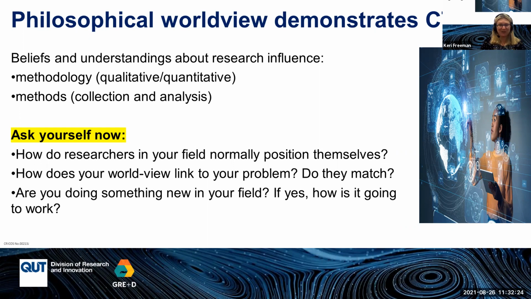You need to make them match somehow, but maybe you're doing something new in your field. If you are, how is it going to work? So for example, for me, in my PhD research, I was looking at international students, undergrads, and how their experiences were in terms of academic literacy, and generally looking at that sort of research, it was always qualitative, but I added in some quantitative as well to help inform my qualitative methodology.